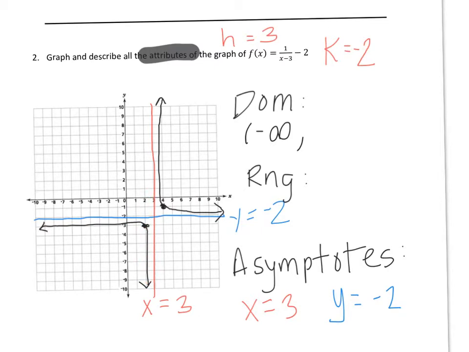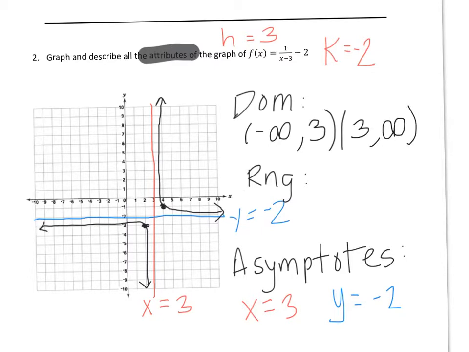So that means your domain goes to 3, not included. That's why we put parentheses there. And then all of a sudden, it jumps on the other side of the asymptote, close to 3, and then goes to +infinity. Okay, so now the other part of the domain is 3 to +infinity.